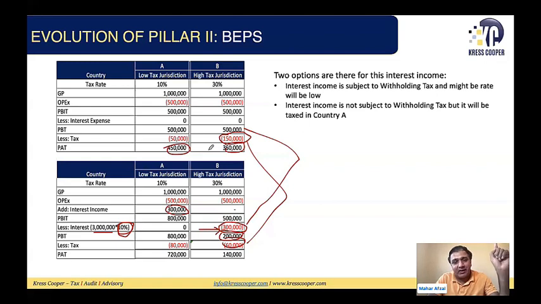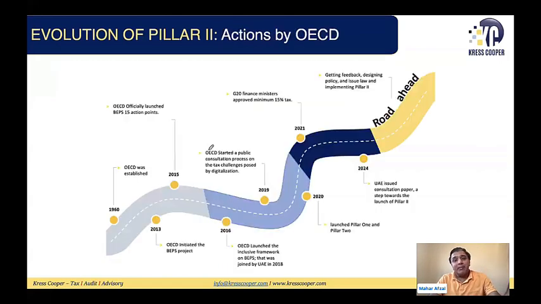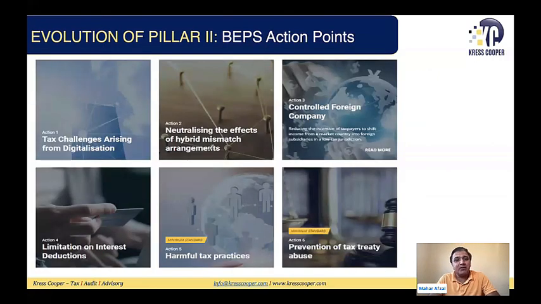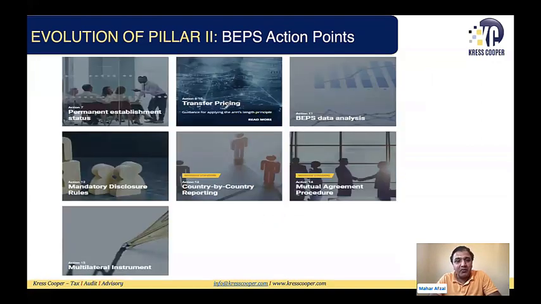The OECD took the initiative on BEPS in 2012, and introduced the BEPS action points in 2013. These are the 15 action points on BEPS, numbered 1, 2, 3 and so on. Whatever we are discussing, I think, will fall under transfer pricing.